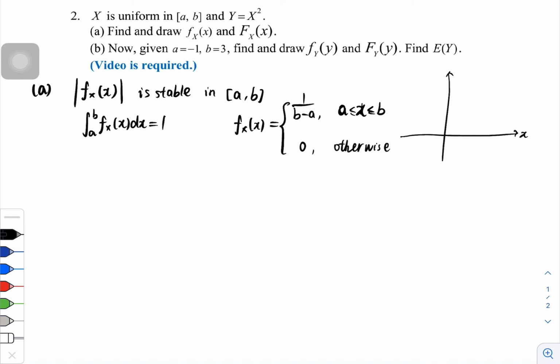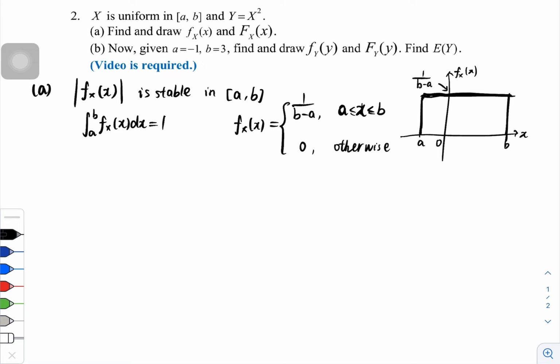This is x, and this is constant with this value. And this is a, this is b. Otherwise, it is 0.